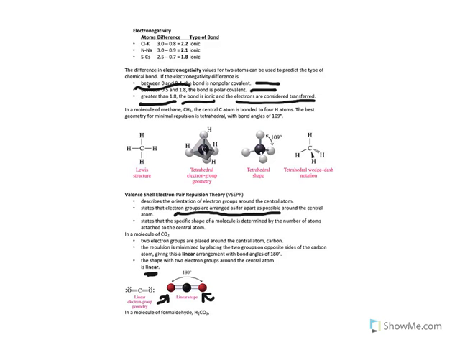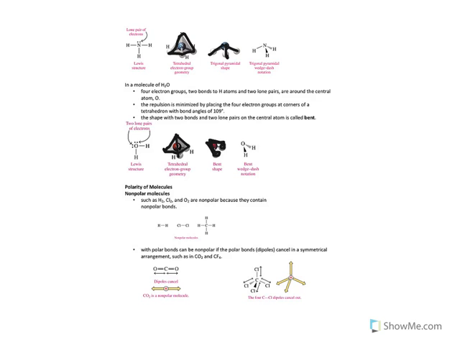So if none of the bonds in your molecule are polar, then your overall molecule is nonpolar. If you have a molecule that has bonds that are polar, the molecule itself can still be nonpolar if the polar bonds cancel in a symmetrical arrangement.